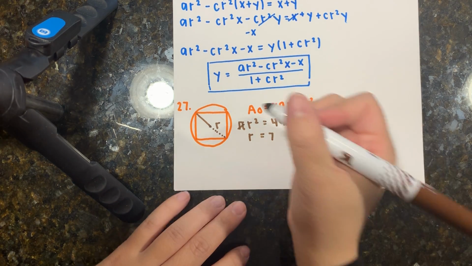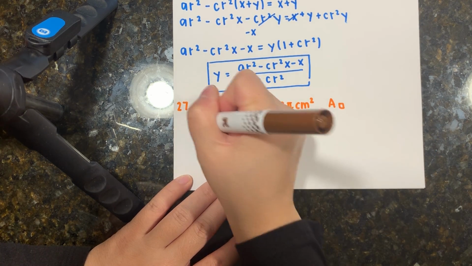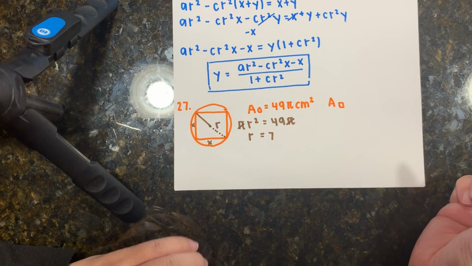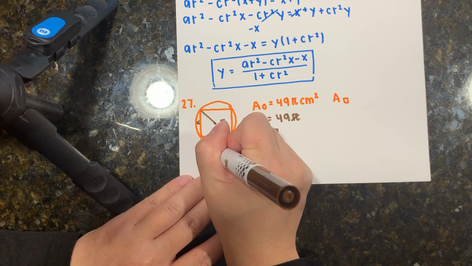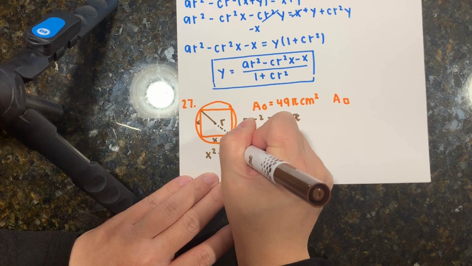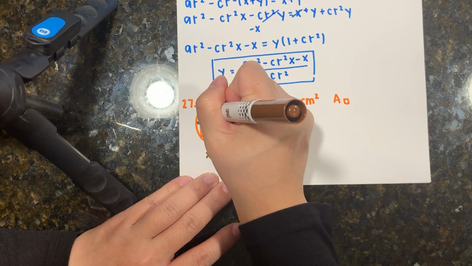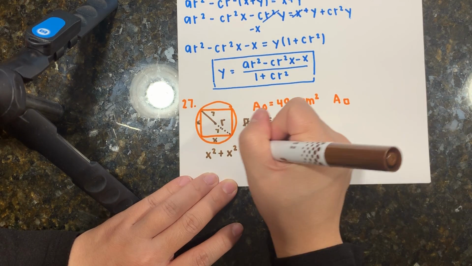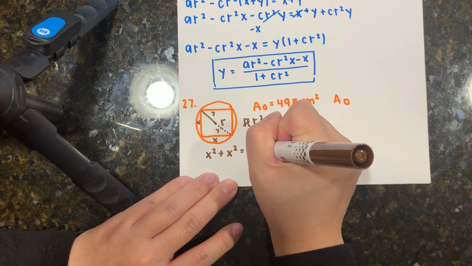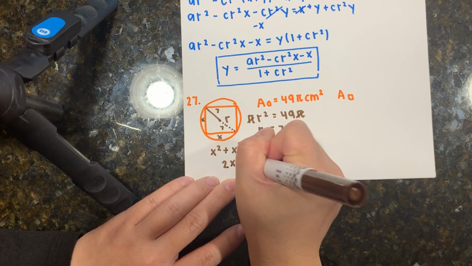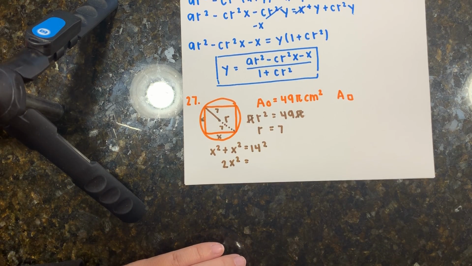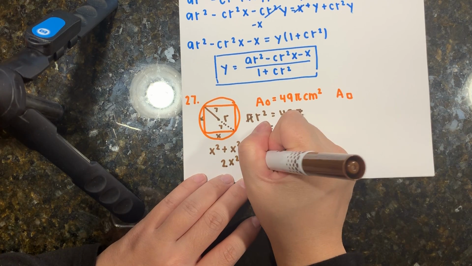And now I can solve for the length of each side. So each side, it's a square, so each side is going to be of length x. So I would do Pythagorean theorem. x squared plus x squared equals, well, if this is 7 and 7, equals 14 squared. So I have 2x squared is equal to 196.